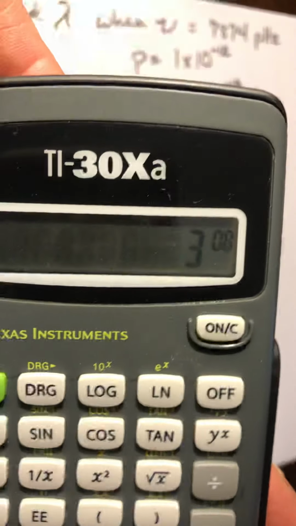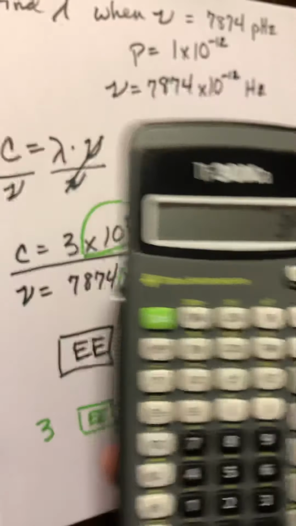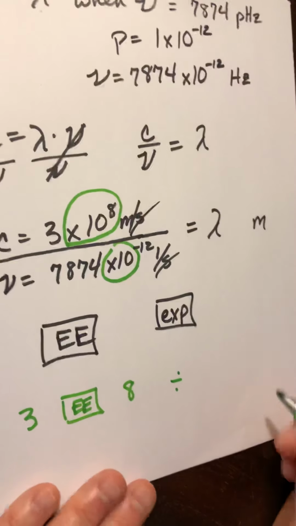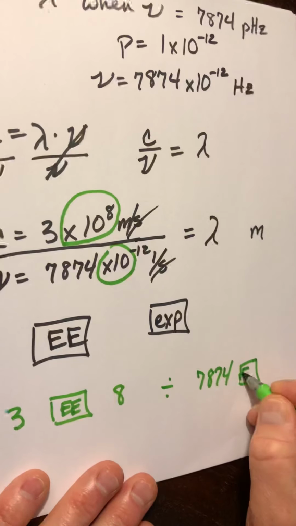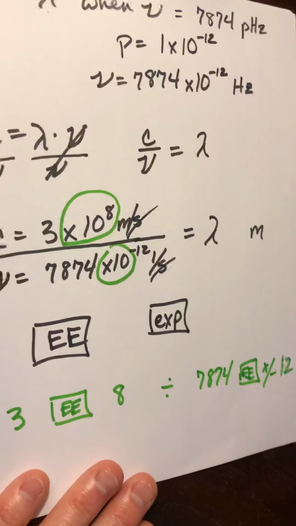And it comes up on the display like that. 3 and that little 08 means times 10 to the 8th power. Then you're going to divide, and we want to put 7,874, hit the EE button, and then the plus-minus, and 12.